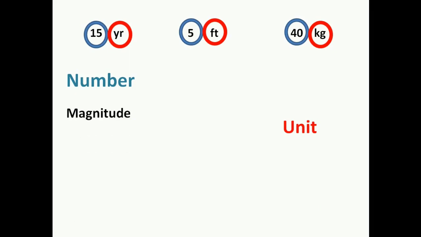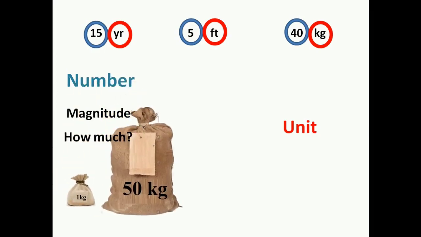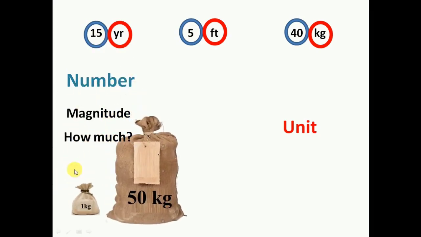The number gives me the idea of magnitude. Magnitude means how much. If I tell you 1 kg and 50 kg, something comes into your mind, that one is a smaller amount and another is a big amount. So this number will give you how much quantity is there in the physical quantity.